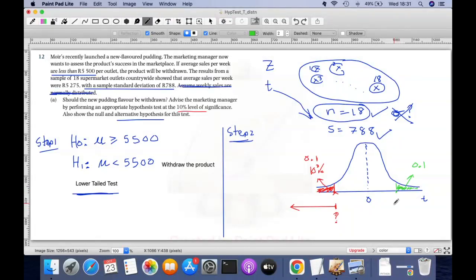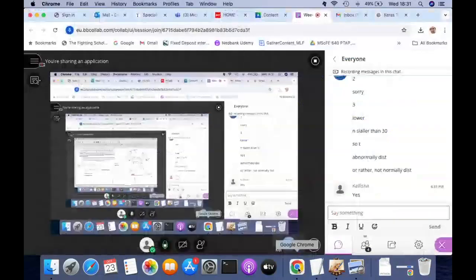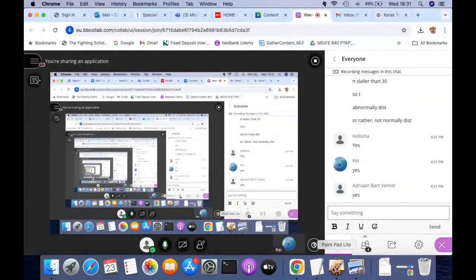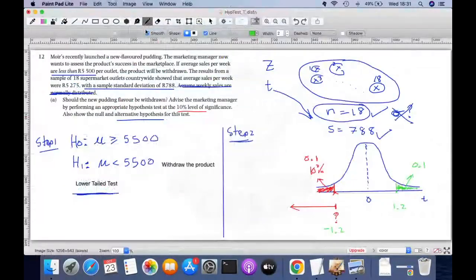Let's just assume hypothetically it was 1.2. I'm making this number up. If this was 1.2, then this number here would be negative 1.2. Everyone get that? It's because of the symmetry. Before I move on, make sure everyone understands that. Good? Fantastic. Very good.